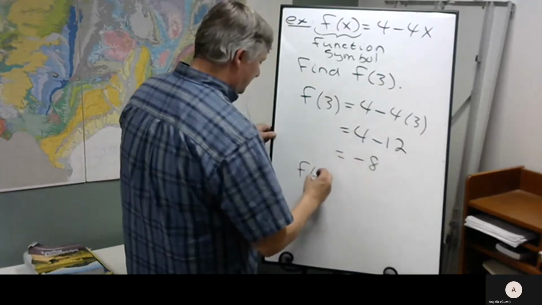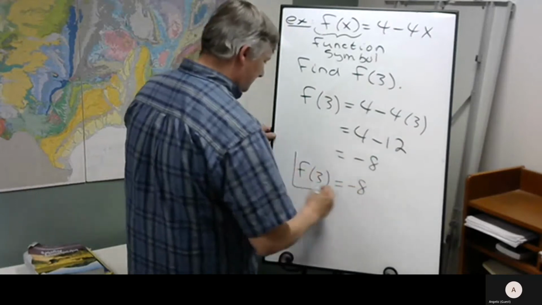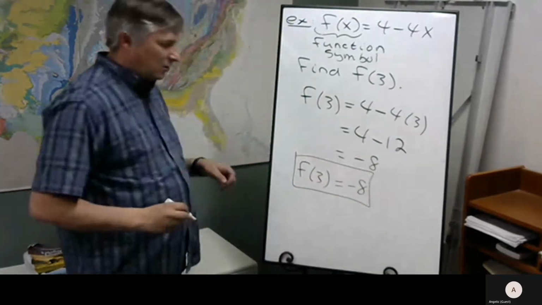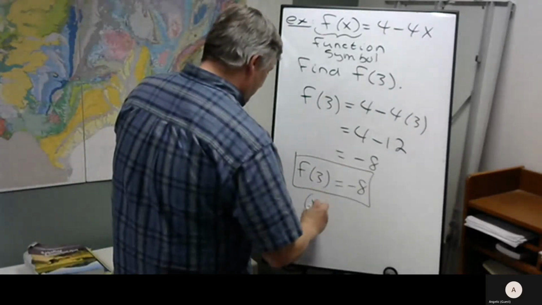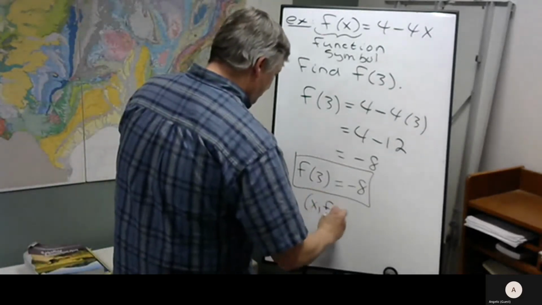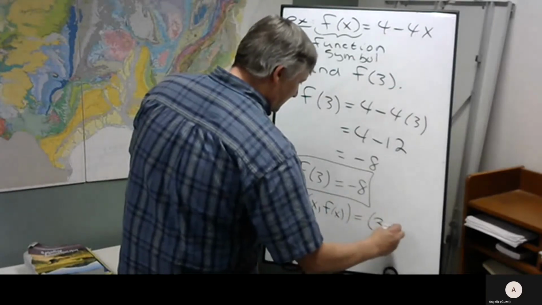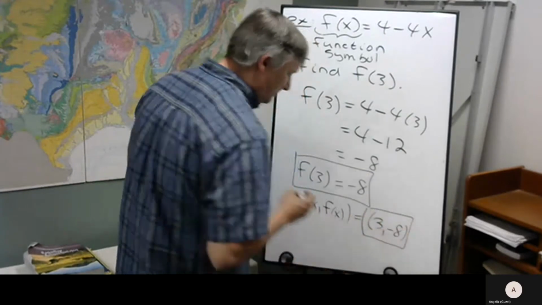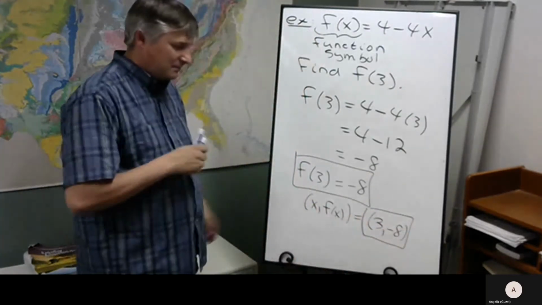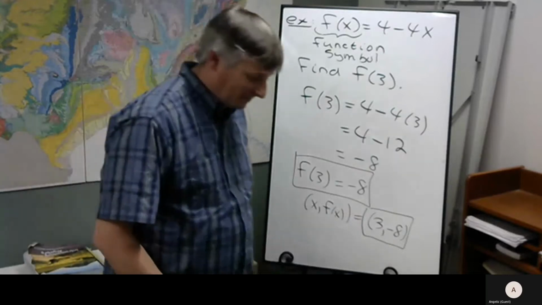So f of 3 equals -8. Or if you write this as an ordered pair, x, f of x equals 3, -8. That's going to be your answer.